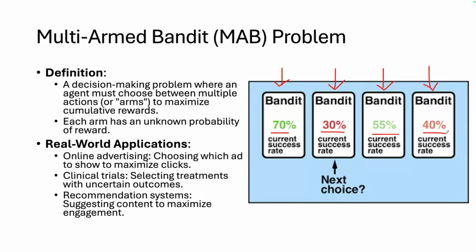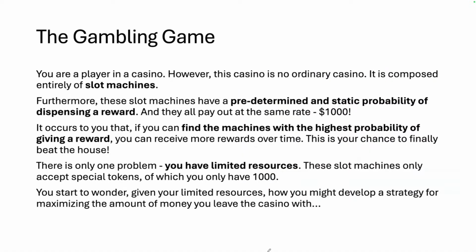The thing is, imagine you only have 1,000 tokens to spend. How do you spend your tokens optimally such that you have found, with some degree of confidence, the highest rate payout bandit? So this is the Hello World problem of the multi-armed bandit problem, the Hello World of object-oriented programming.